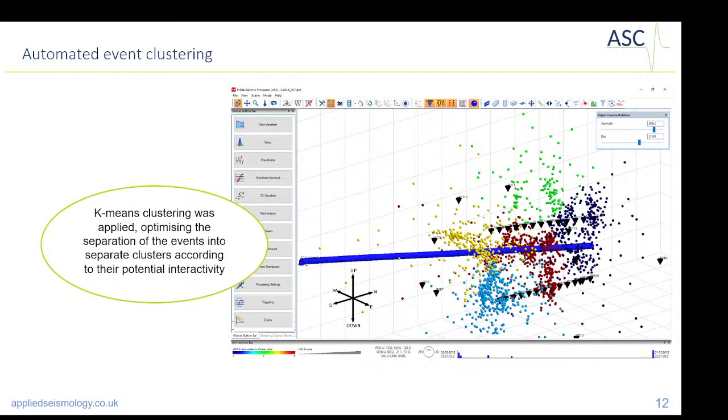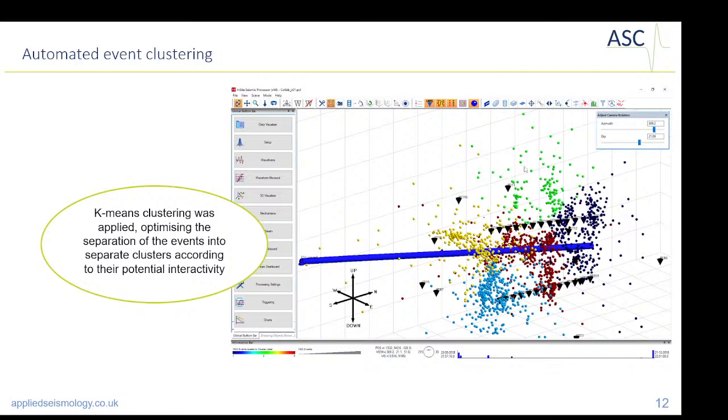So, after observing this, we set our machine to identify these clusters, so that it separates our cloud of events into independent spatial clusters. A good way to do this is just using k-means, which is a way of optimizing the separation of the events into clusters, and an objective way as well that machines can easily learn to work with and can easily apply.